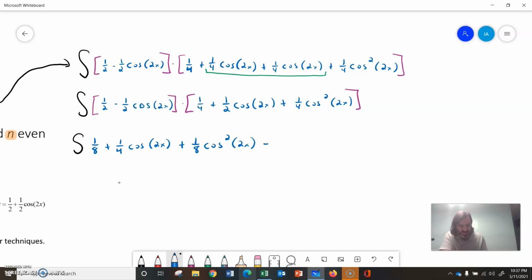So that'll give me negative 1/8 cosine of 2x, negative 1/4 cosine squared of 2x, and then minus 1/8 cosine cubed of 2x. And let's see if anything combines before we get too far gone.